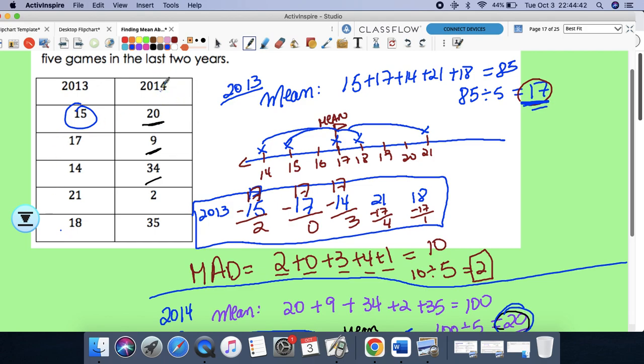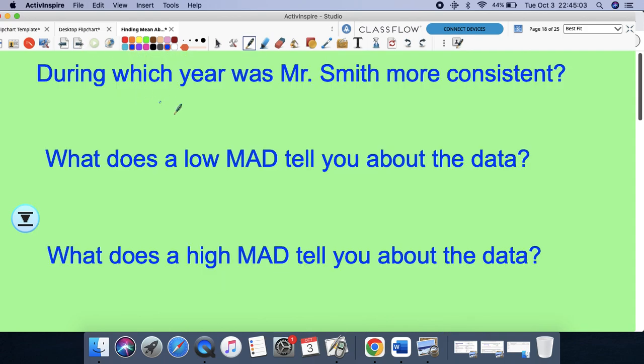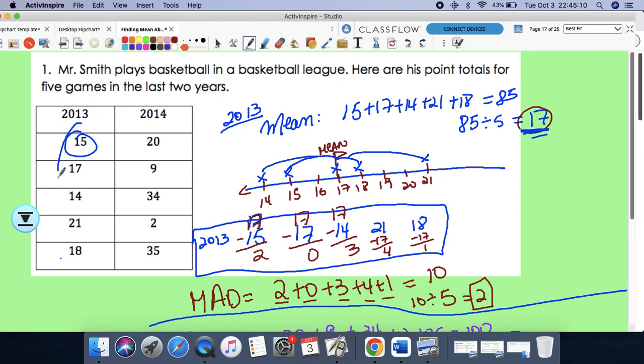The player in 2014, sometimes he gave you very little, sometimes he gave you a lot of points, so he was very inconsistent, right? It was not the same quality of player every time he came to play. There was no consistency. During which year was Mr. Smith more consistent? Well, he was more consistent in 2013, right? The numbers are closer to each other.